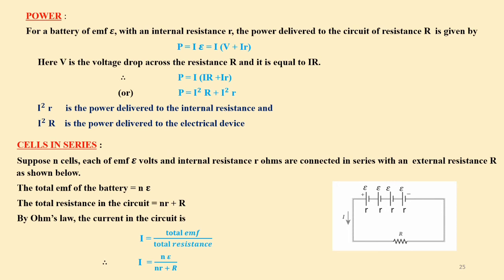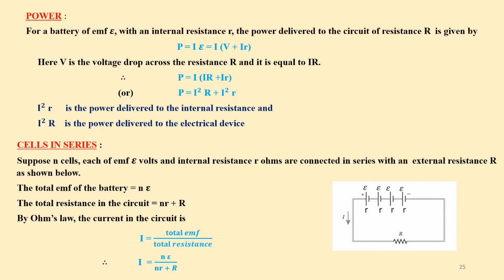Now let us find out the power delivered by the battery. For a battery of EMF E with an internal resistance small r, the electric power delivered to the circuit of resistance capital R is given by P equal to I into E, that is equal to I into V plus I small r.